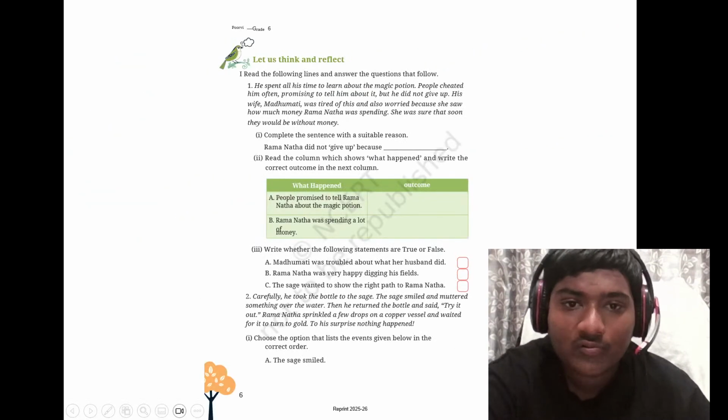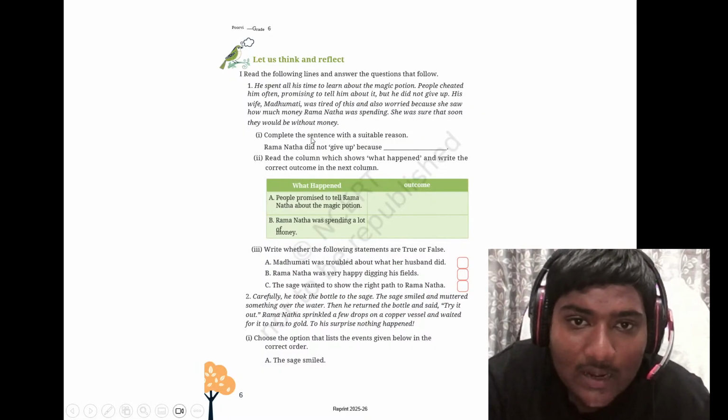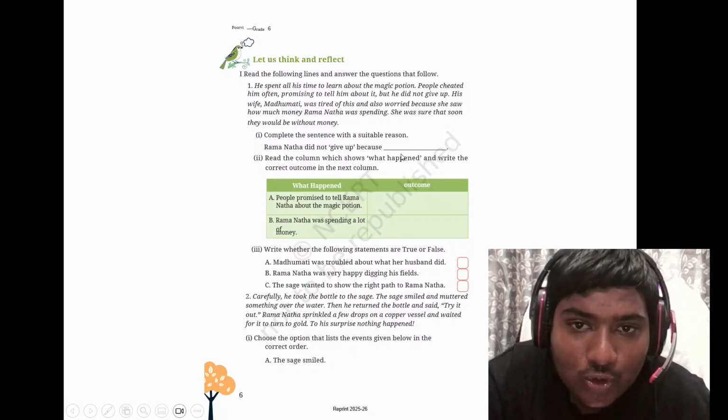Yes, let me move on. What happened, the outcome? Read the column which shows what happened and write the correct outcome in the next column. For the first question, people promised to tell Ramanatha about the magic potion. What was the exact answer to that question?